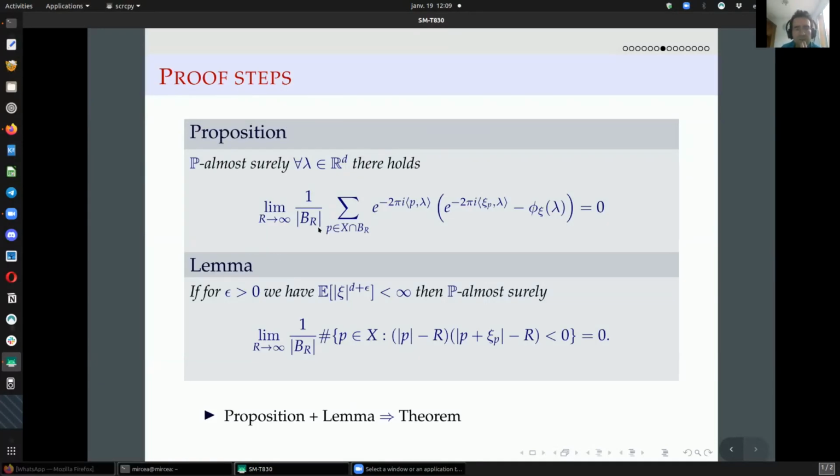So for the proof, I have this proposition. It's telling me that almost surely for all lambda, this limit goes to 0.